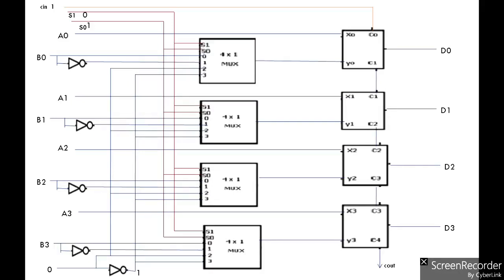By applying 0, 1 selection line to each and every multiplexer, the B dash line input, that is the first input line of each and every multiplexer, will be selected and it will be transferred to the output line of the multiplexers, and this output line is directly connected to the second input of all the full adders. So we have also applied carry Cin, that is input carry is equal to 1.